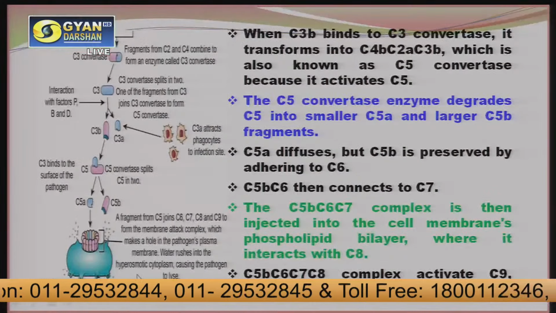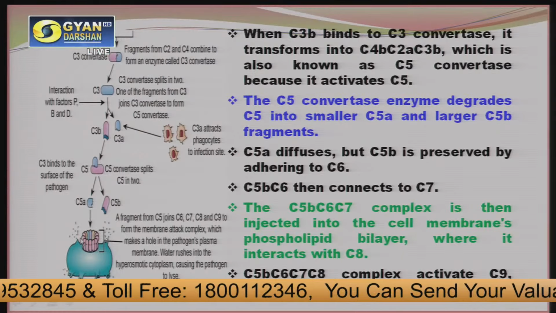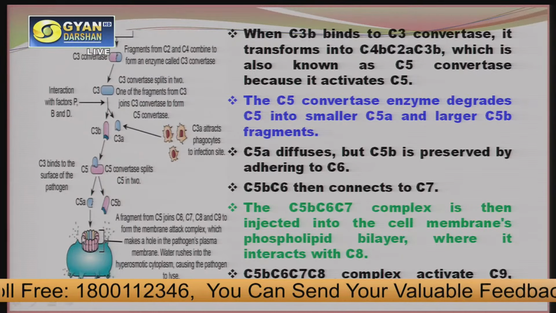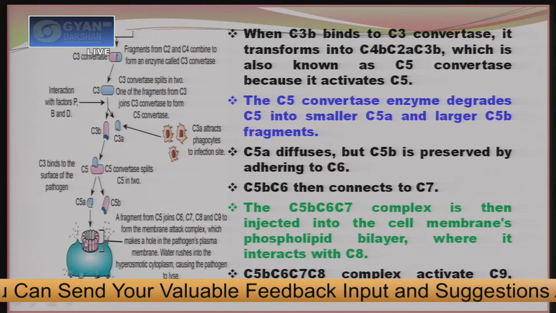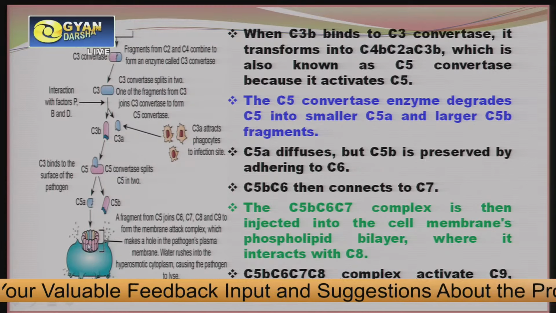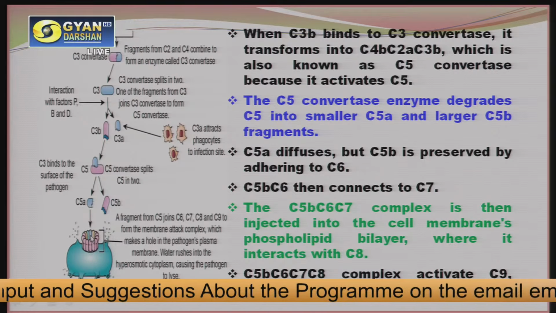So you can see here are the membranes, the bacterial cells, and different types of complement proteins. They can bind to each other. They are able to make a pore inside the bacterial cell.